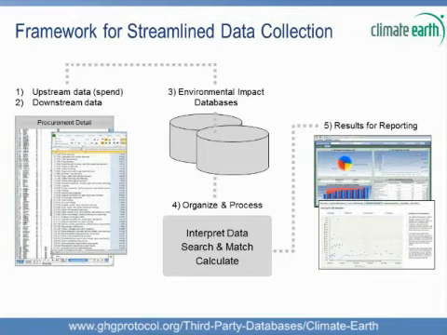One simply matches the data you have with the proper category in the environmental impact database, organizing that, matching it up, and then producing calculations, and then putting that into some sort of reporting result.